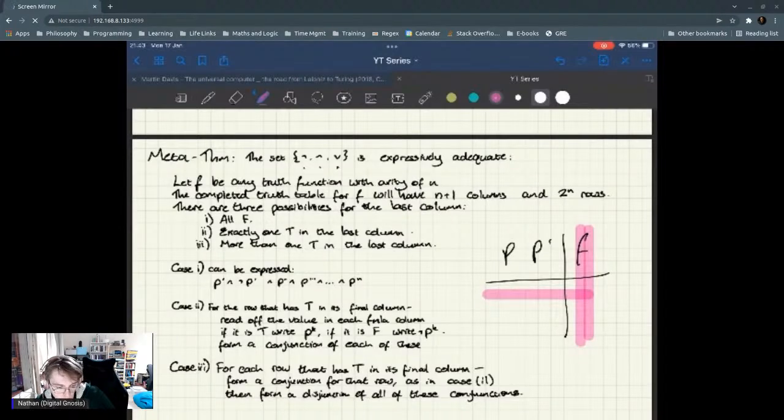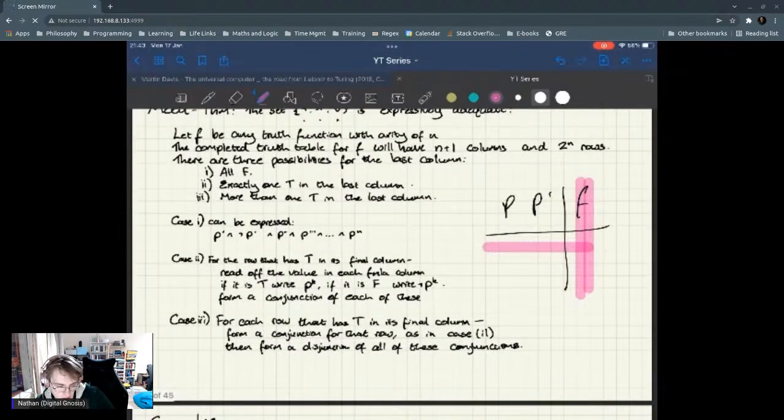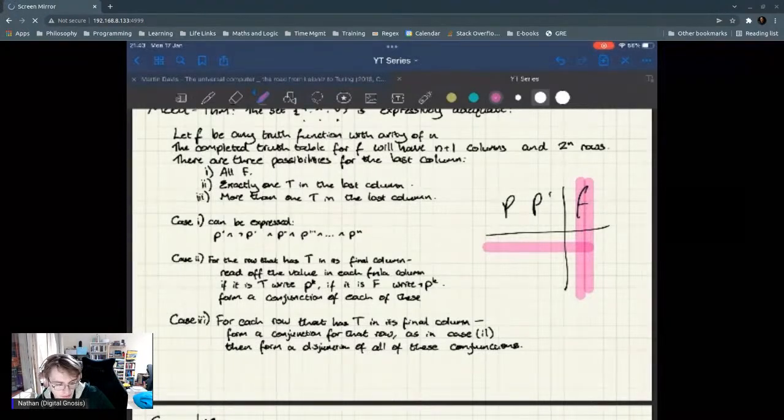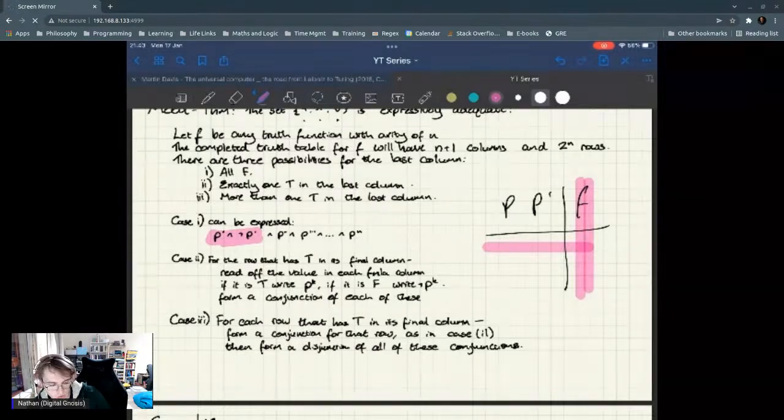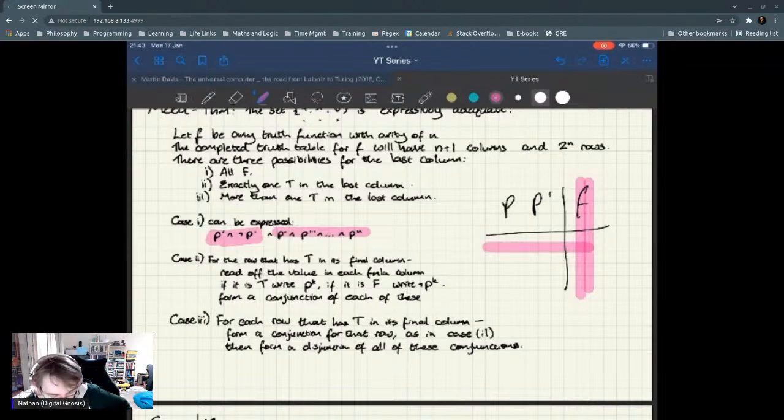And thirdly, there's more than 1 true row in the last column. So our first case can be expressed as p prime and not p prime. So you see that that's a contradiction. And then we just conjoin that contradiction with every other value that there is, up to p with n number of primes. And that's going to always come out as false. So that satisfies our first case.